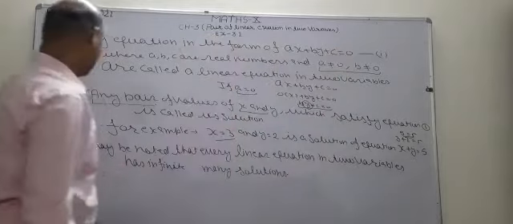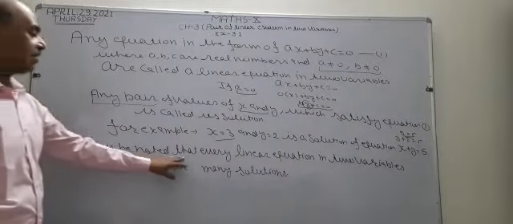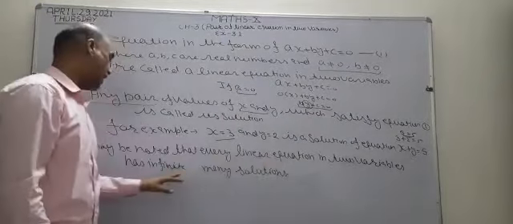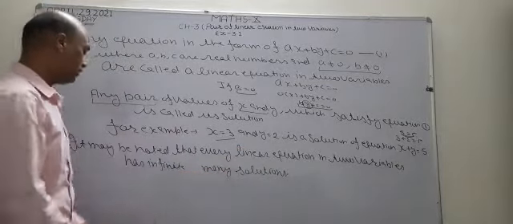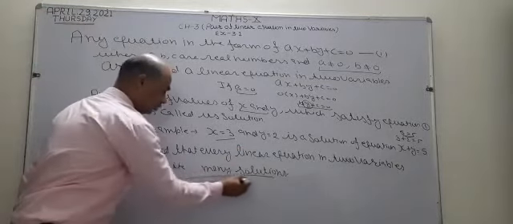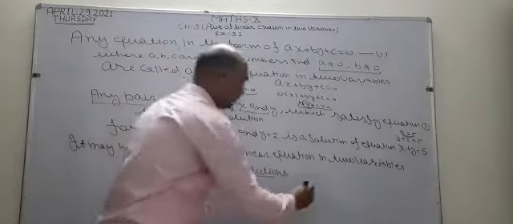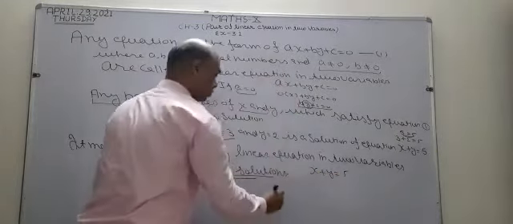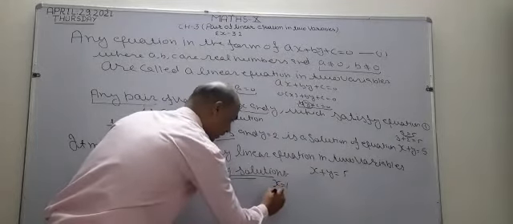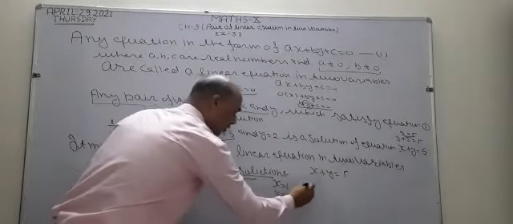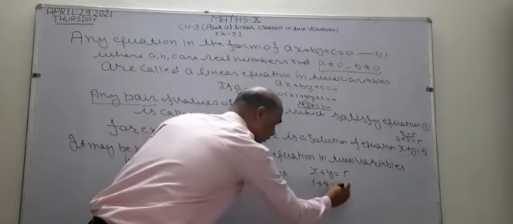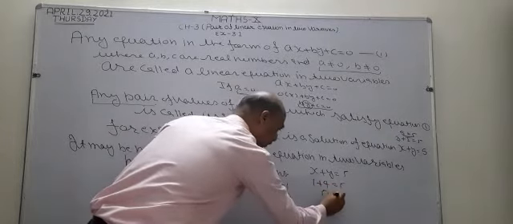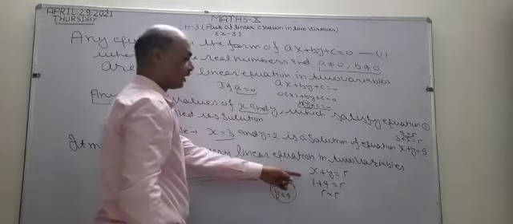Now, it may be noted that every linear equation in two variables has infinitely many solutions. What is the meaning? Infinitely many solutions. I take the same example, x plus y equal to 5. Suppose I take x equal to 1 and y equal to 4. Now see what happened. 1 plus 4 equal to 5. It means these two values satisfy this given equation.